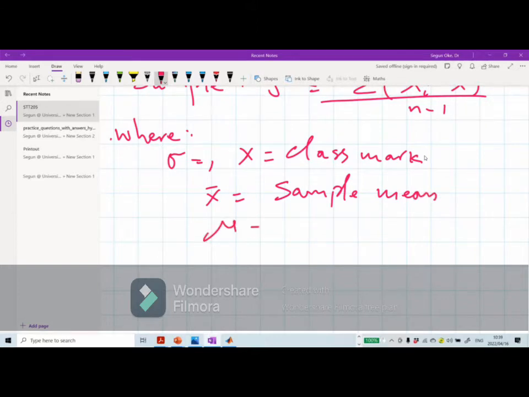Then mu is the population mean. So I'll show us the way we do that.